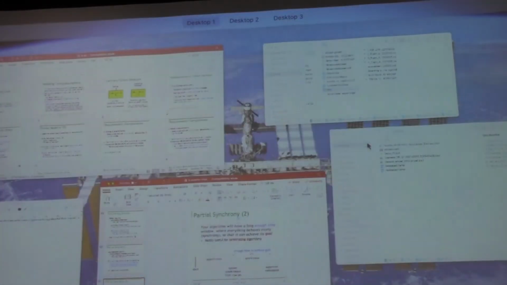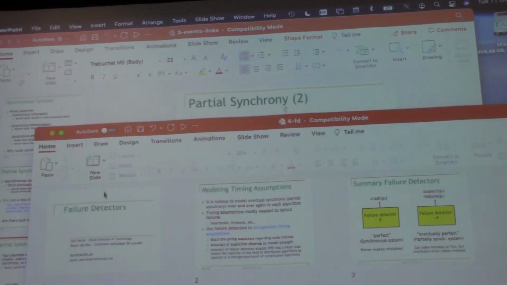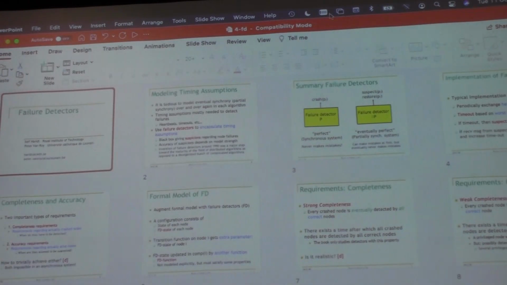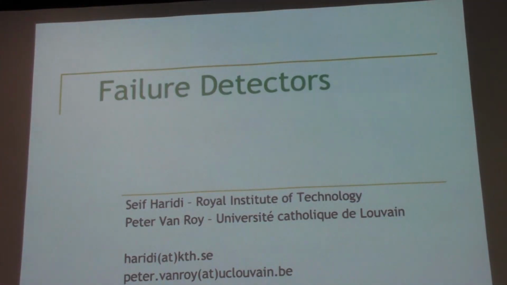And now we can go to failure detectors, which is another great invention of the 90s. So you see, the 90s was a good time for distributed systems, huh? Okay, so in the 1980s, distributed systems as a discipline was completely a mess. And then it slowly got cleaned up.